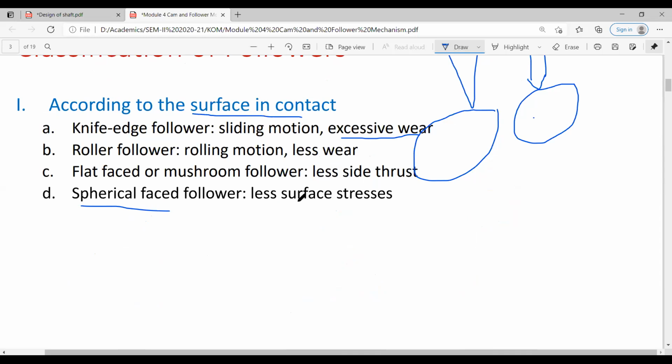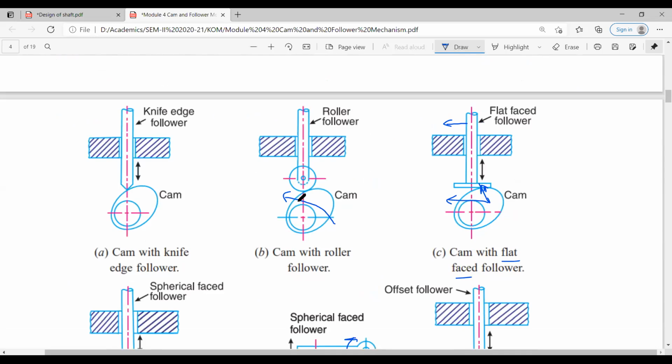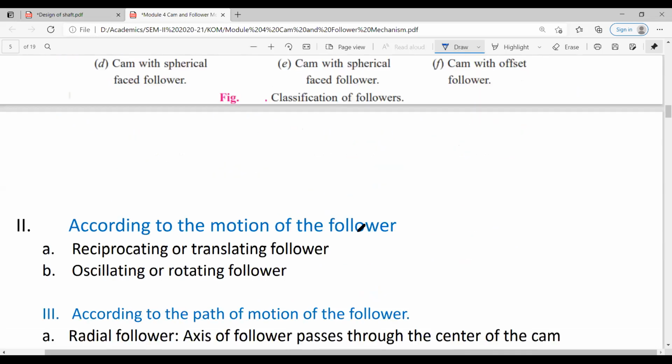Now, there is another basis on which the followers are classified, that is according to the motion of the follower. If the follower motion is linear reciprocating, it is called a reciprocating or translating follower. And if a follower has angular motion, it is called an oscillating or rotating follower.